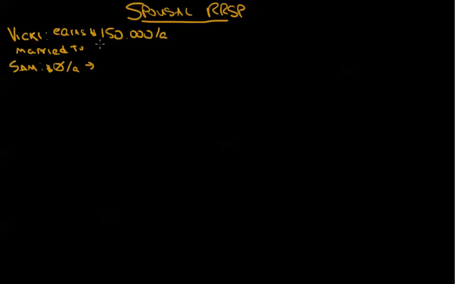So Vicky says, well, that's the perfect situation to use an income split. And the particular income split we're going to use here is the RRSP. So what happens is Vicky does contribute to her own RRSP, but she also contributes $5,000 per year to Sam's RRSP.